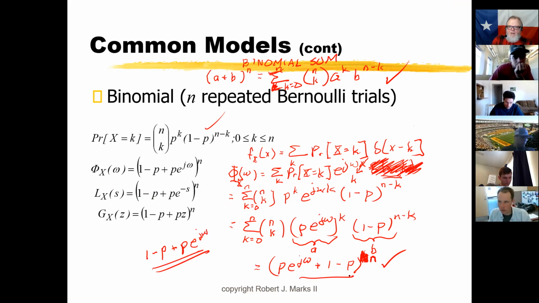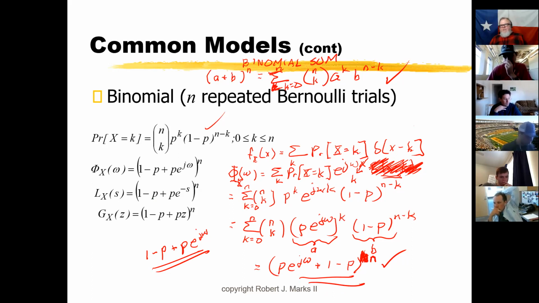Does this look similar? It's exactly the same thing raised to the nth power, isn't it? Okay, here comes the hard part of thinking. How do you get the binomial? You get the binomial by doing n Bernoulli trials and counting up the number of successes. So you're adding random variables. You're adding 1 if it's a success and 0 if it's a failure. And so you're adding up all of the successes.